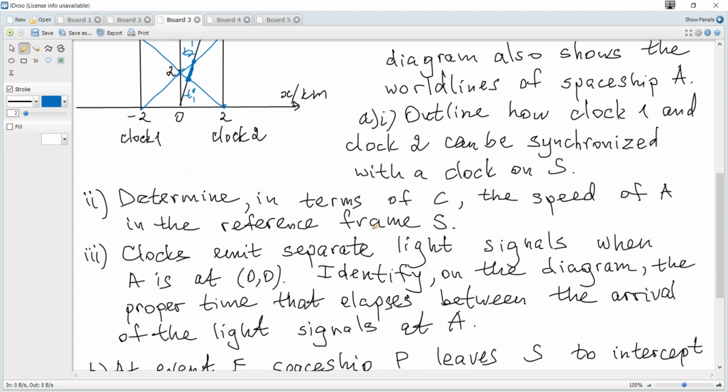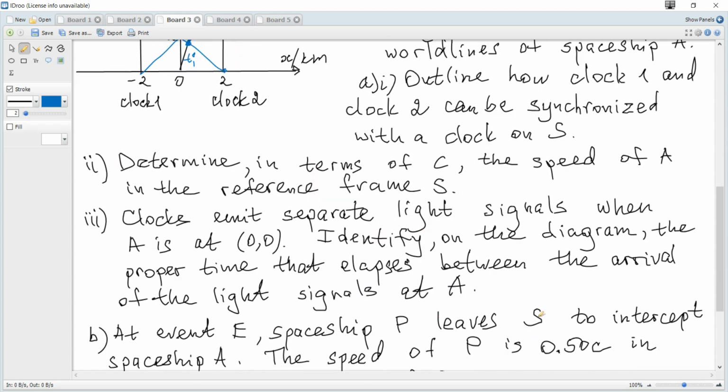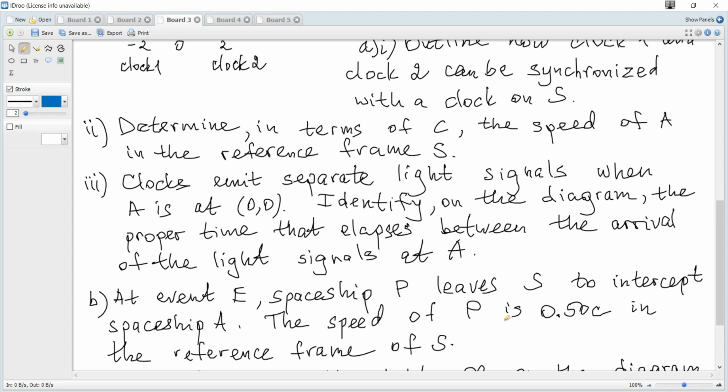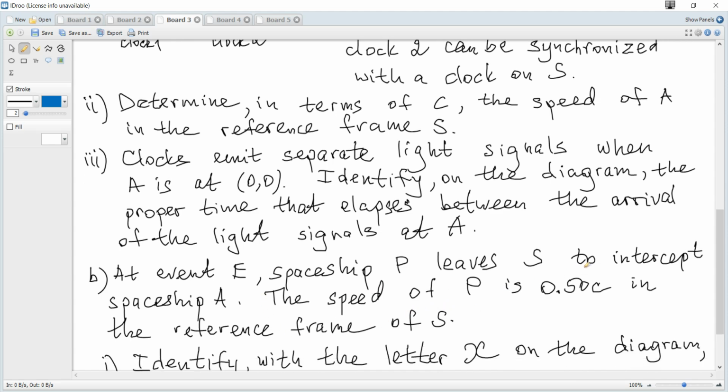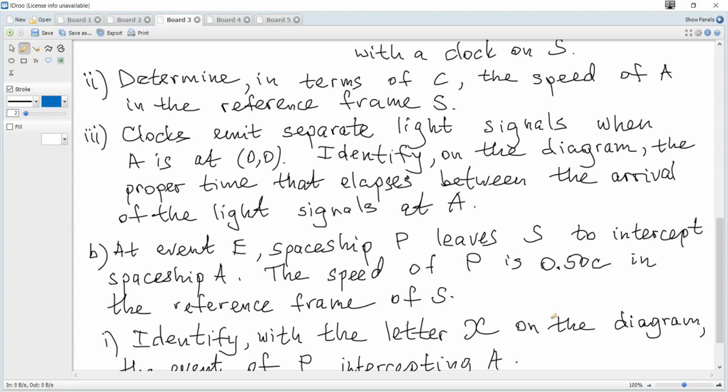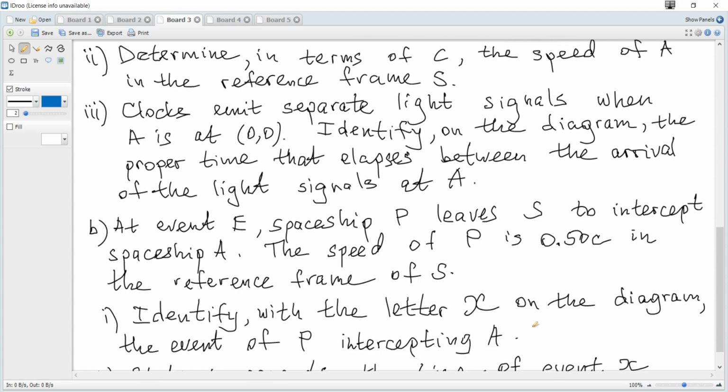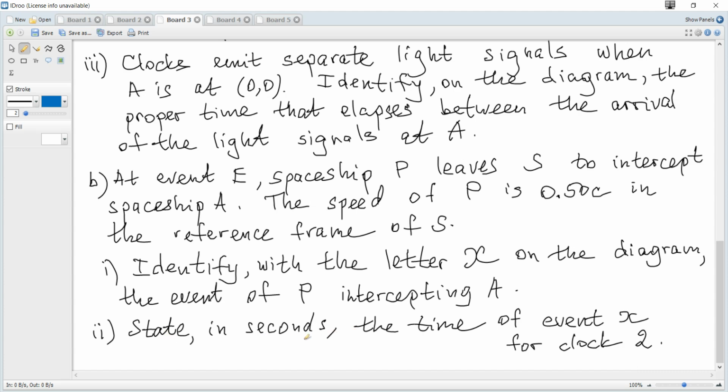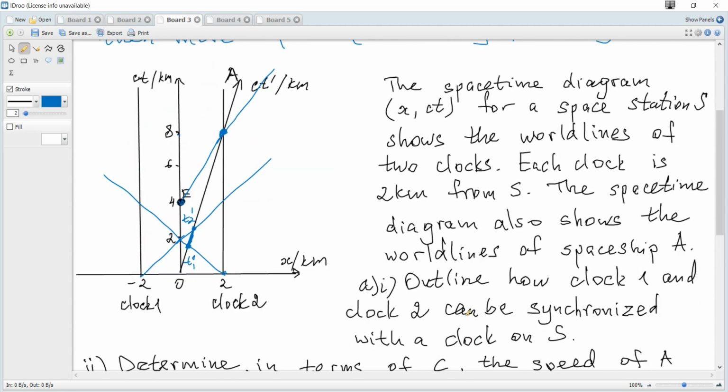For S, it's not a moving reference frame, we need just the letter X, and then state in seconds the time for clock 2. So it's here, it's X, and since clock 2 is in the non-moving reference frame, the moment of time is equal to 8.